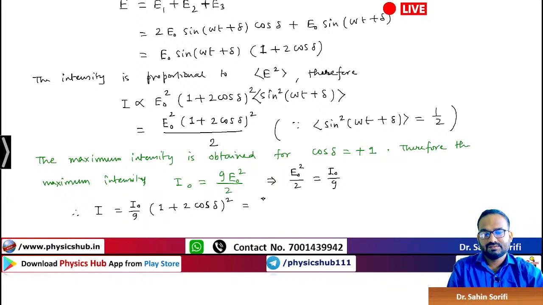And this value is equal to I naught by 9 into (1 plus 2 cos delta) whole square, where delta is 2 pi by lambda into d sin theta.